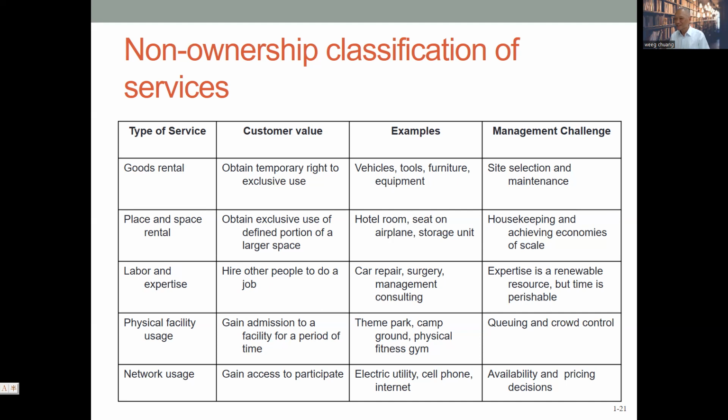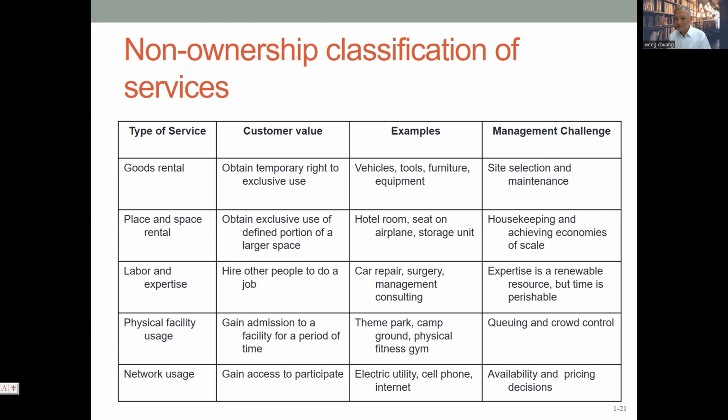And the management challenge is queuing and crowd control. It also relates to the issue of demand and supply, since we want to make the most of the available capacity to make the most profit, when demand meets supply.